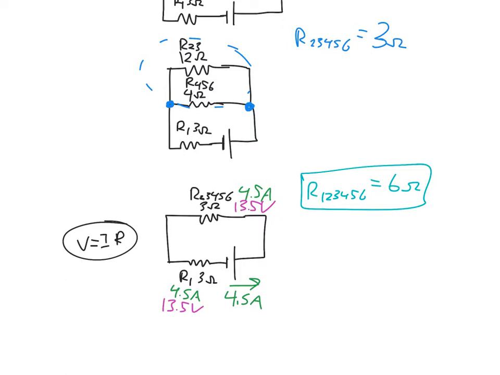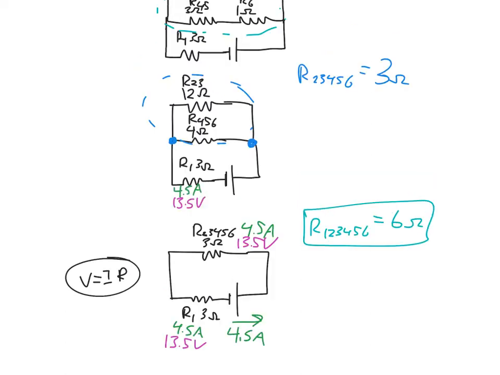Now that we have that, we'll step it back one more. So stepping this back one, we see that R1 here is the same as R1 here, 4.5 amps and 13.5 volts. We can now take a look at R23 and R456, which were combined as a single resistor in the previous circuit. And so since they were in parallel, it means that each one will get that full voltage.